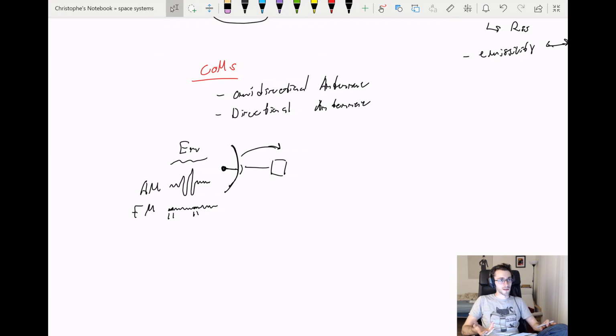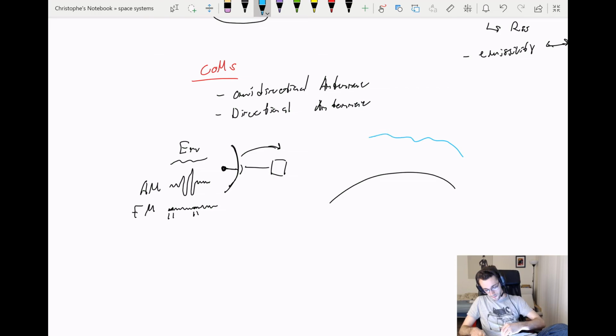There are specific bands and specific protocols that are used for satellite communication, because we run into different issues with communication in space than we do with communication on the ground, namely the atmosphere. So if we have the Earth's surface here, we have the atmosphere above it, and then we have our satellite, which wants to communicate to ground.